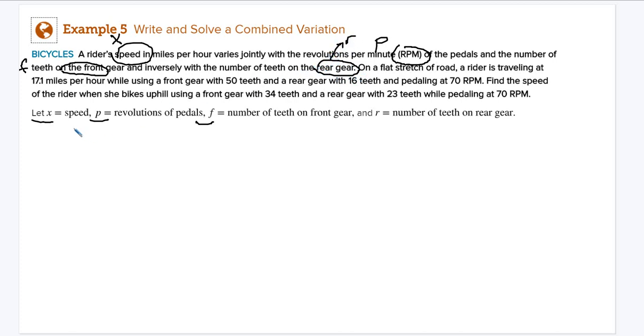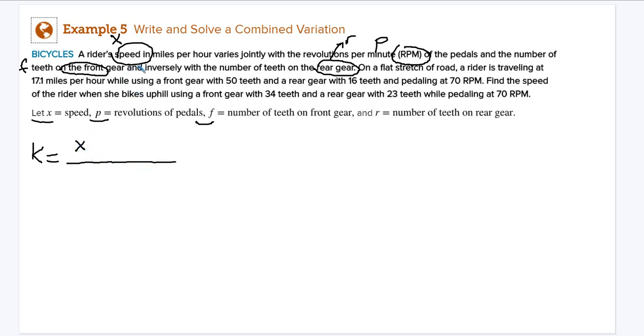One more time, the speed will be X, the revolution of the pedals will be P, F is the number of teeth on the front gear, and R will be the number of teeth on the rear gear. So if we create our formula, K as usual, since we start with X, let's create a relation first.